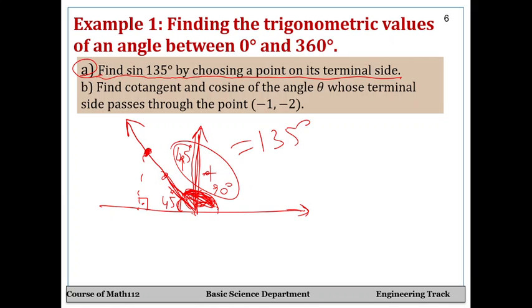The 45 and 45 complete each other, they're complementary angles. In a 45 degree triangle these distances should be the same. So when you take minus 2 here, you have to take 2 here. So the point is minus 2, 2 here.